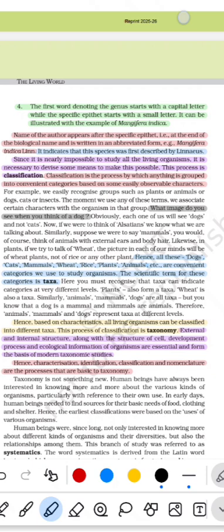Now, if you were to think of an Alsatian, you know what we were talking about.